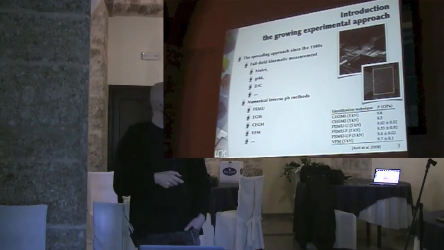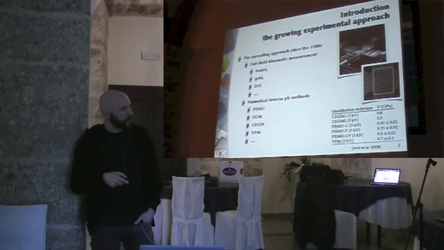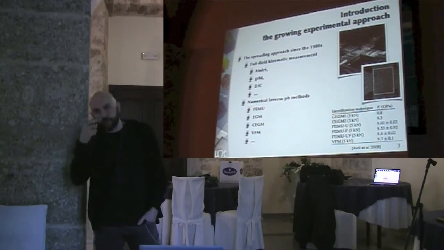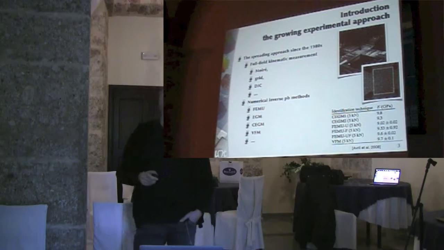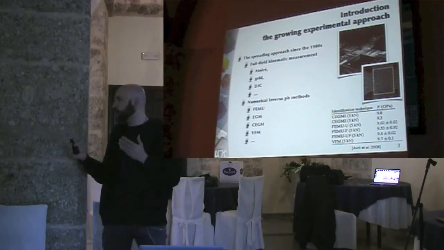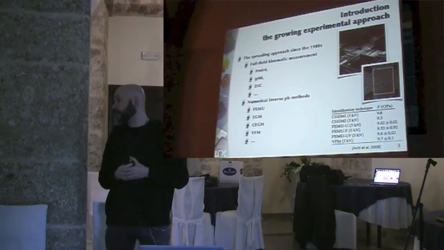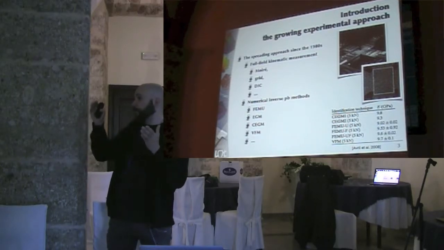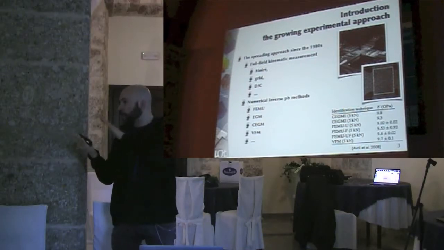And different methods for the numerical inverse problem could be like virtual field method, equilibrium gap method, constitutive equation gap method, and probably the most famous one, and in the spirit perhaps the most simple one, the finite element method update, which is, if you are not aware of it, just the fact that you will update the parameters of your finite element simulation so that you can make your numerical results converge towards your measurements.